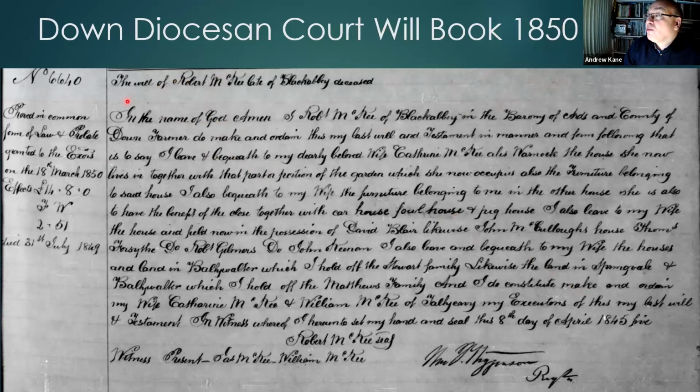And you can read there's Robert McKee of Black Abbey, deceased, and it gives you their details down the left: when he died, when probate was granted, what the value of effects was, and then it gives the wording of the will with all the juicy details of who's been left out and who's been included.